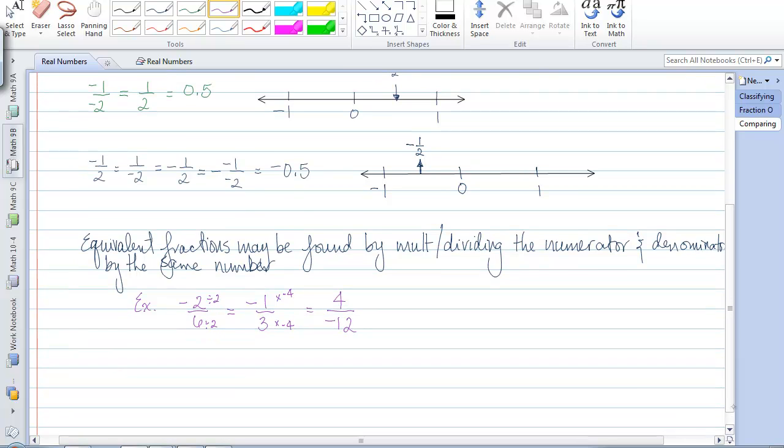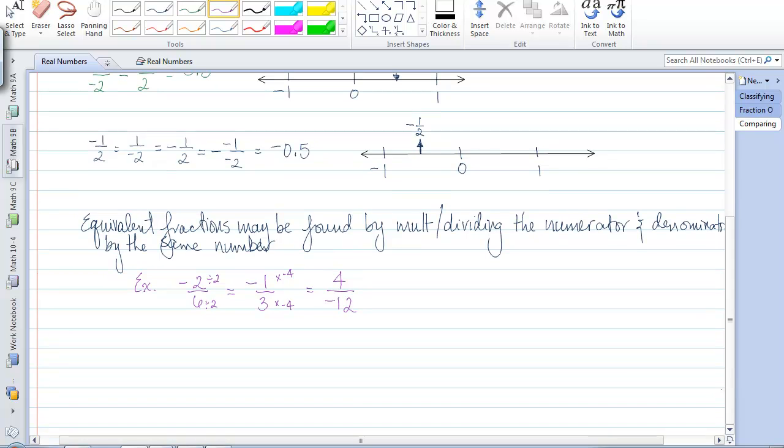And to compare, let's take a look at comparing a couple of mixed numbers. Let's compare -1 3/4 to -1 2/3.